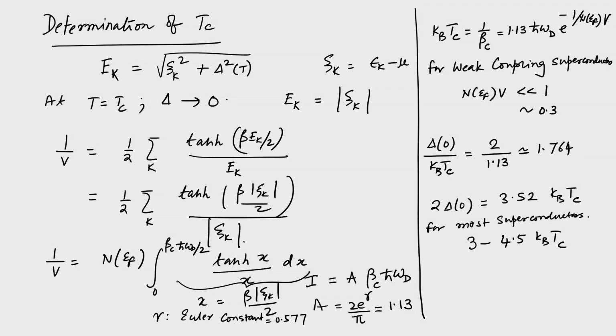Now, let us look at the form of the gap, or the temperature dependence of the gap. Now, this we cannot compute analytically, but we have to do it numerically.